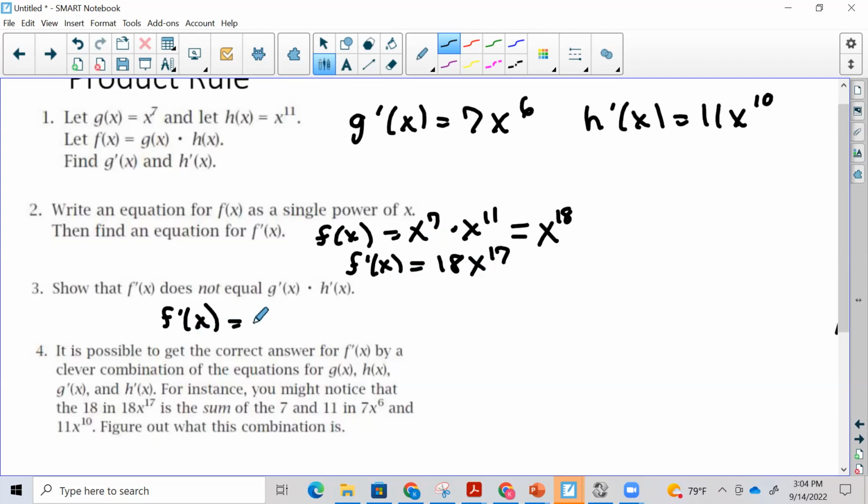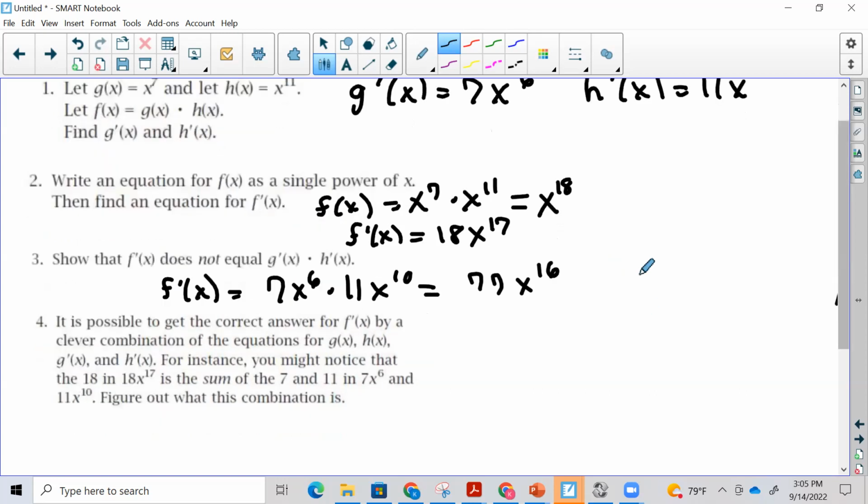So if I find f prime of x and I multiply g prime by h prime, I would get 7x to the 6th times 11x to the 10th, which is 77x to the 16th. And that's definitely not 18x to the 17th. So this doesn't work. If I have the product of 2 functions, I can't just take the derivative of each one and then multiply them together.